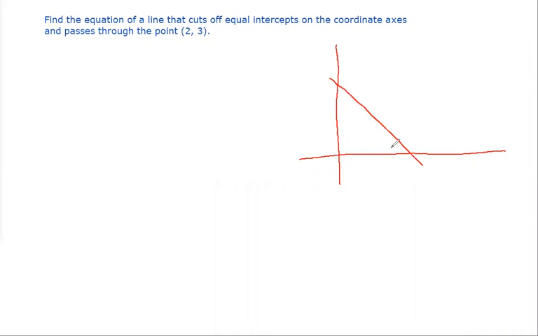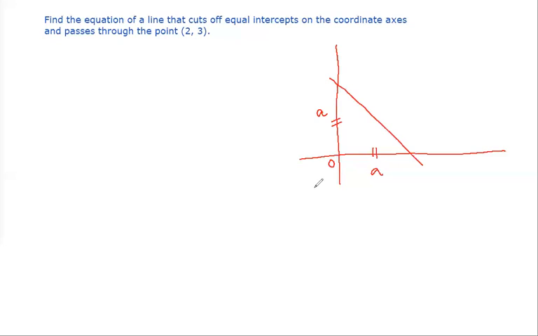So he's talking about a line cutting equal intercepts. We can imagine this distance to be a. This distance will also be a, because he has given that both the intercepts are equal. What is the intercept? It's a, the distance between origin and the point where a line cuts the x or y axis.